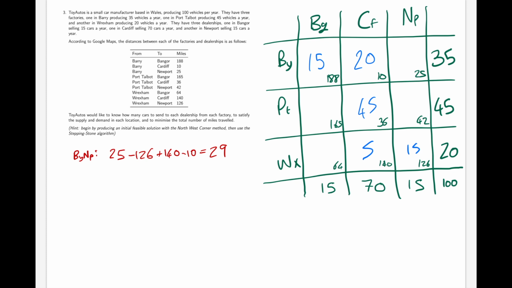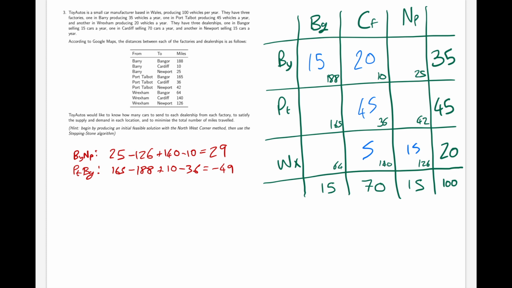The next non-basic variable we'll consider is the Port Talbot-Bangor route. Our loop now would be from here and back. So we would increase the Port Talbot-Bangor route, decrease the Barry-Bangor route, increase the Barry-Cardiff route, and decrease the Port Talbot-Cardiff route at a net unit cost of minus 49. So that would benefit.